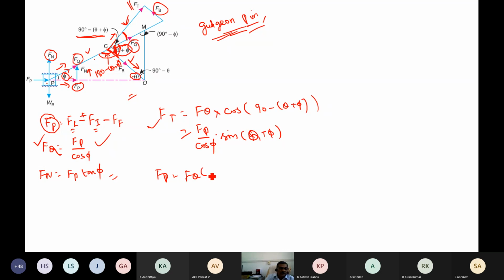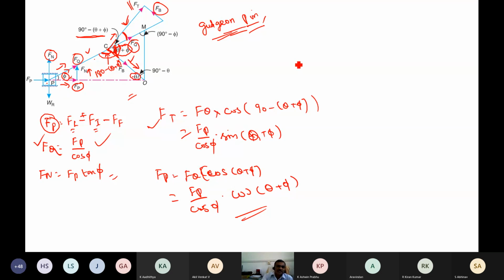So Fq into cos (theta plus phi) can be written as Fp divided by cos phi, into cos (theta plus phi). So this is an equation.